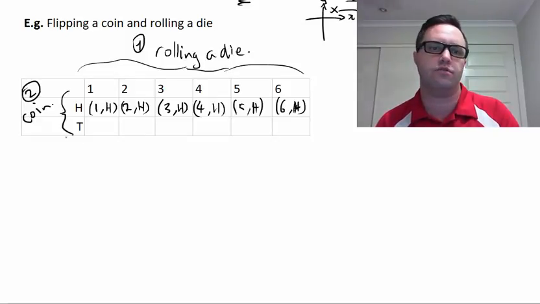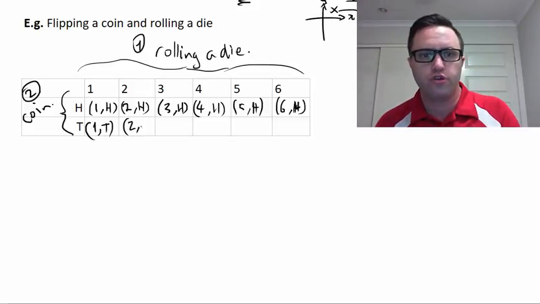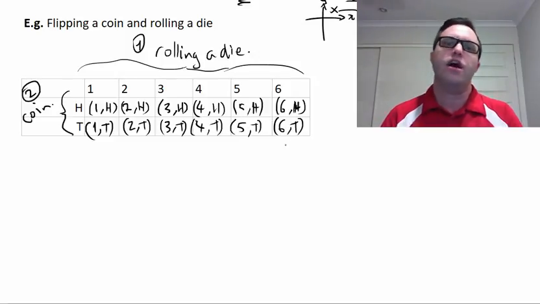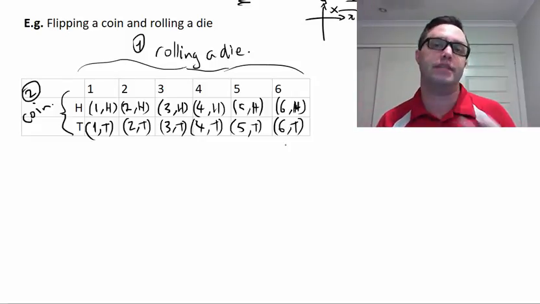My H's are looking like 4s. Now we're moving on to tails. So it's still our numbers: 1 and a tails, 2 and a tails, 3 and a tails, 4 and a tails, 5 and a tails, and 6 and a tails. Now we've populated our probability array.